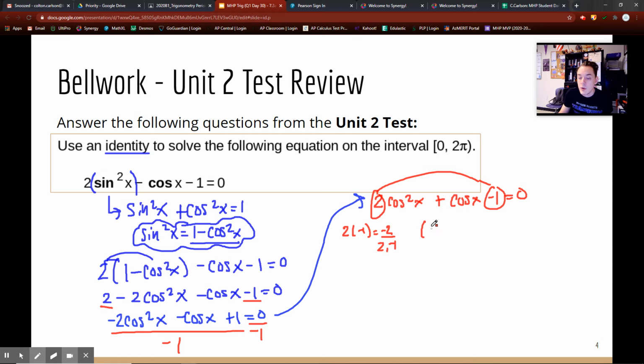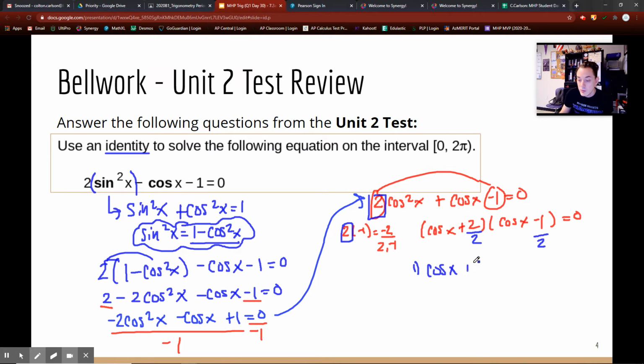So now I'm going to do my basic template. And it does not matter where you put the 2 and the negative 1. You can put them right here. But the problem is I still need to divide by my leading coefficient. So I divide by 2. That goes poof, so I'm left with cosine of x in my first equation.